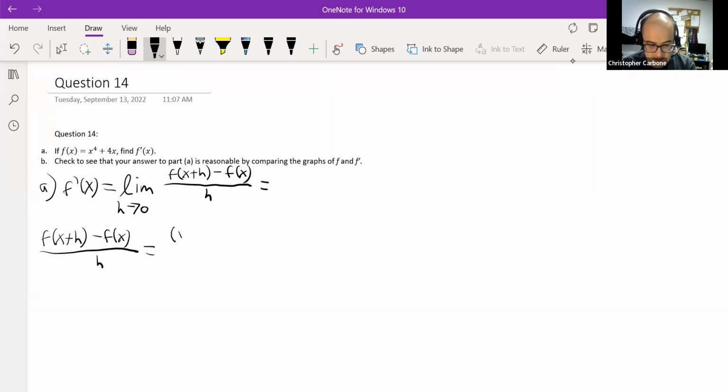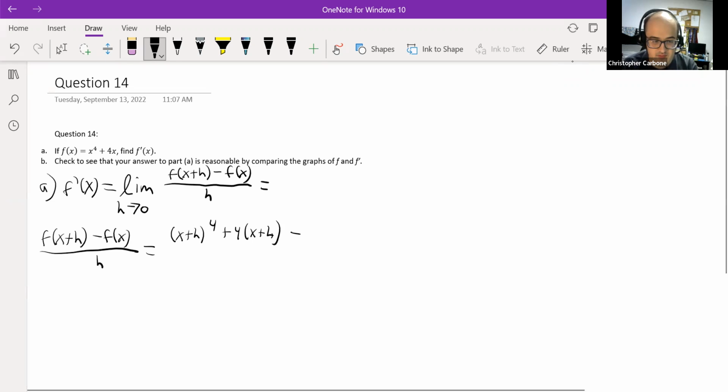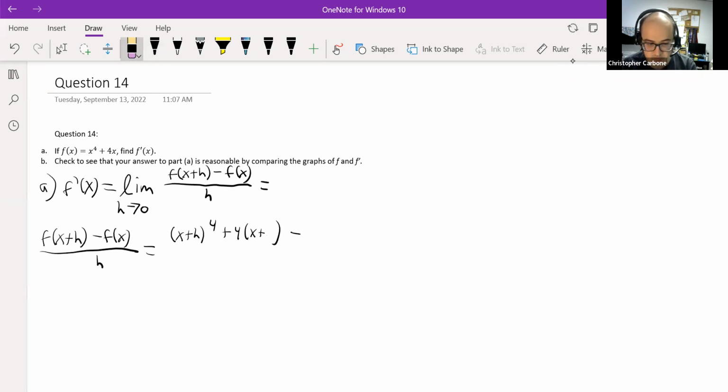So this would be x plus h to the fourth plus 4 times x plus h, minus, let me just section these off, minus x to the fourth plus 4x, all divided by h.